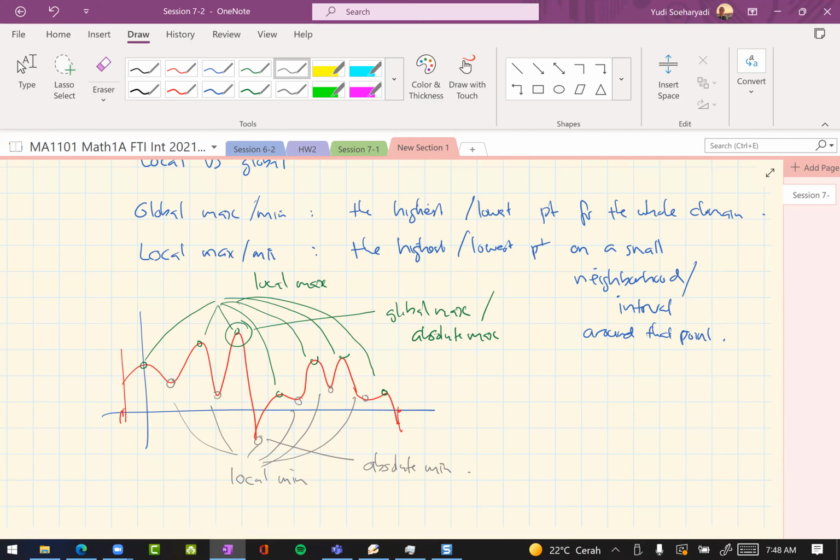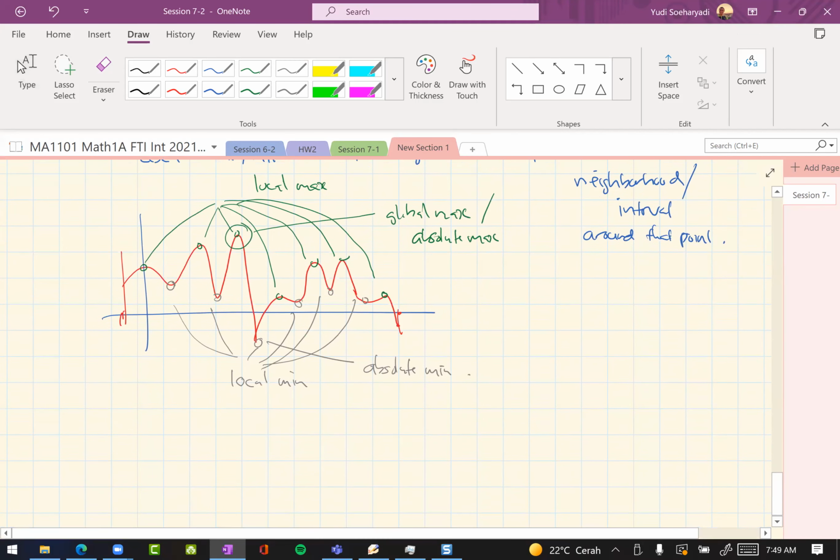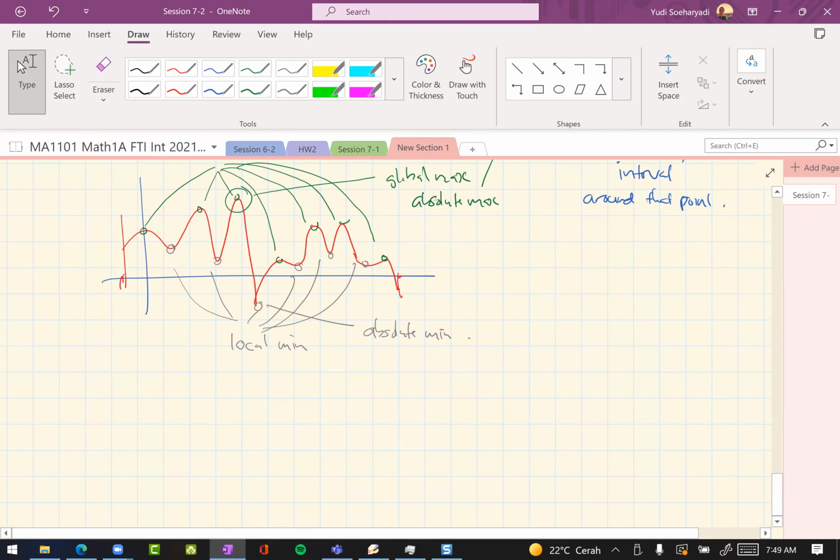All right. So that's how to find the max or min. So without a picture, what do we need to find max or min? Let's go back to this one.